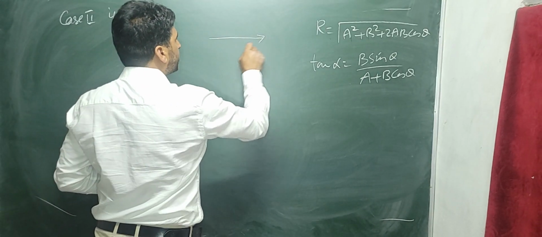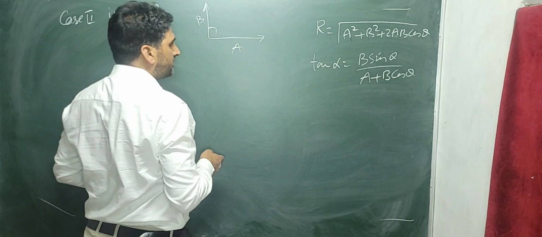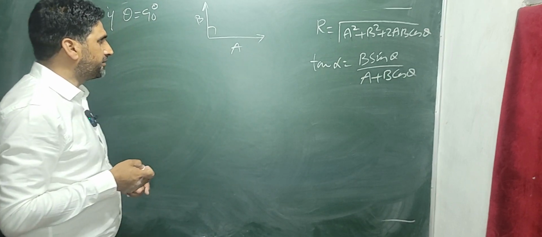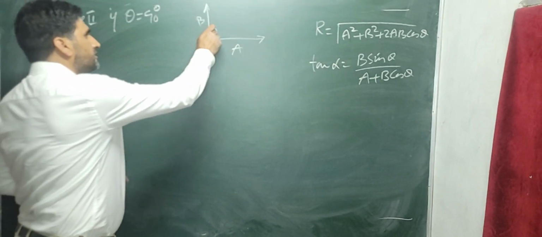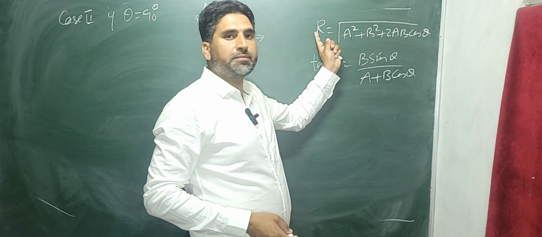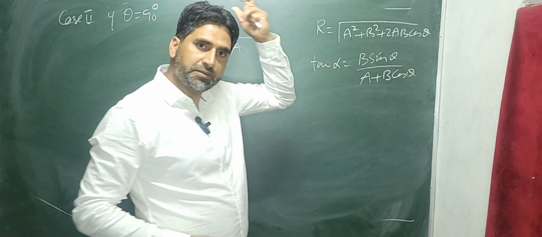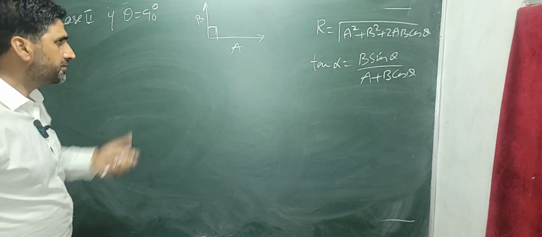Suppose A is moving in this direction and B is moving along this direction, and theta is 90 degree. What will happen at that very time? So substitute theta 90 here, you will get the R part, and substitute theta 90 in the other formula, you get the direction part. What is the direction of the resultant?